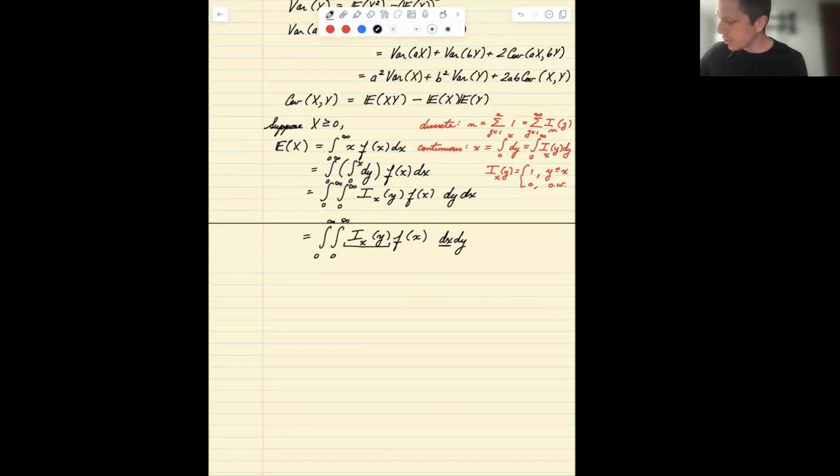So here we have a fixed value of y, instead of a fixed value of x.